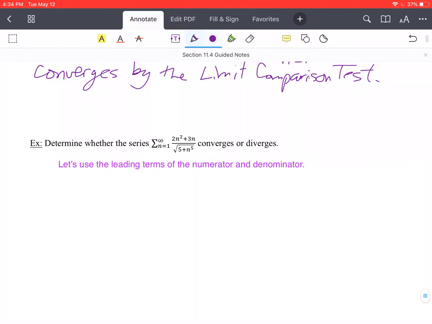So our series A is going to be just whatever we have here. So that's 2n squared plus 3n over the square root of 5 plus n to the 5th.